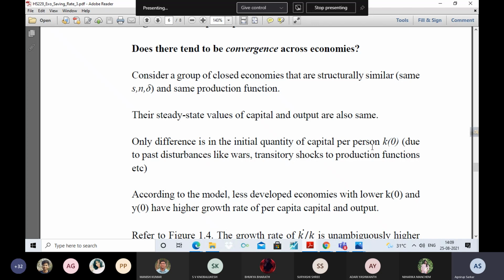The model then implies that the less advanced economies with lower values of k naught and y naught have higher growth rates of k and, in the typical case, also higher growth rates of y.